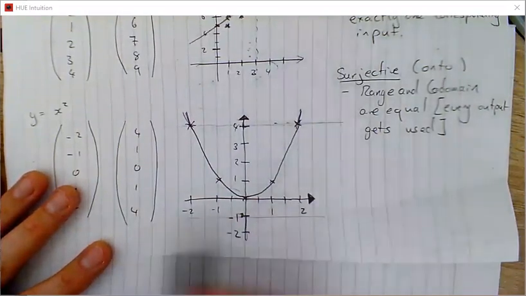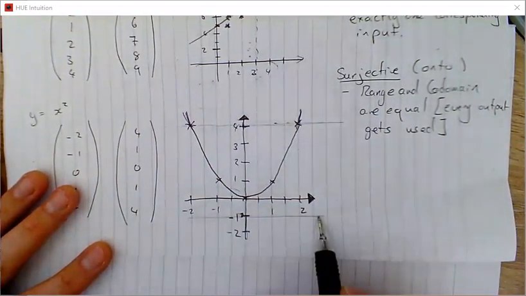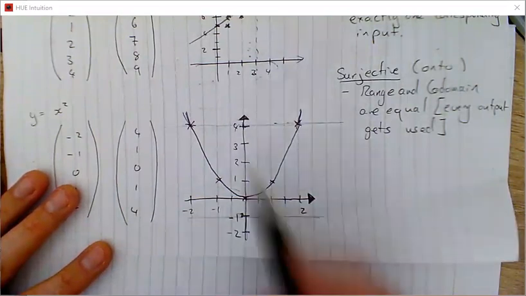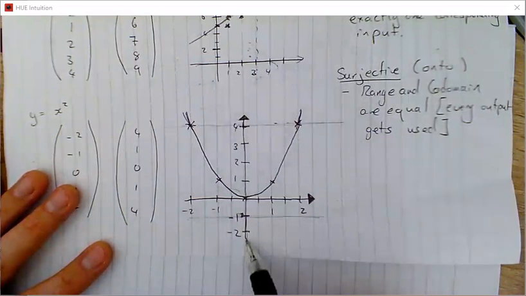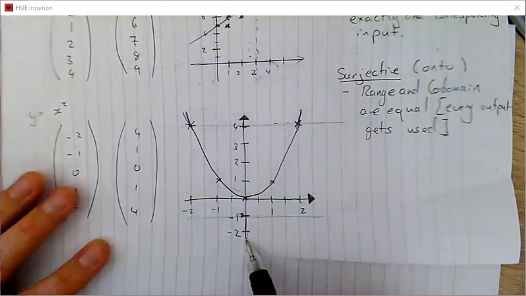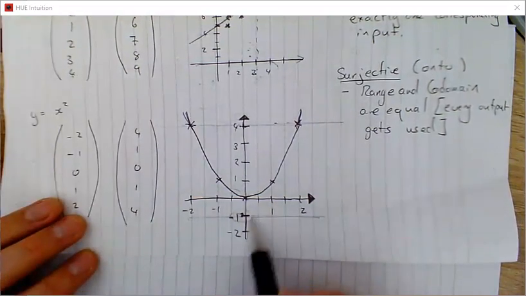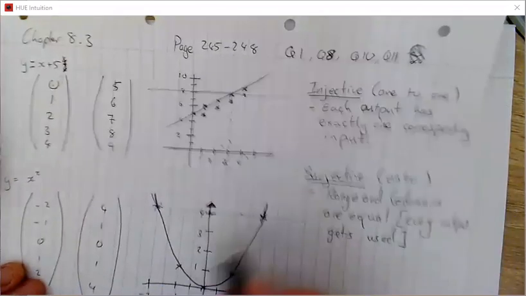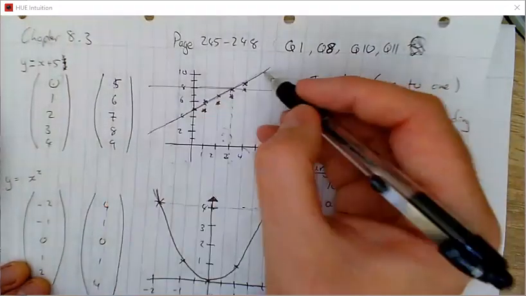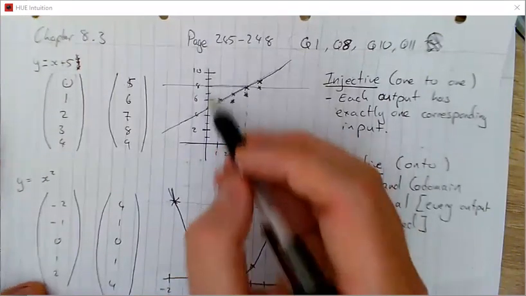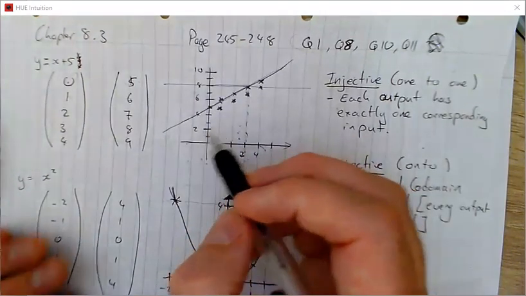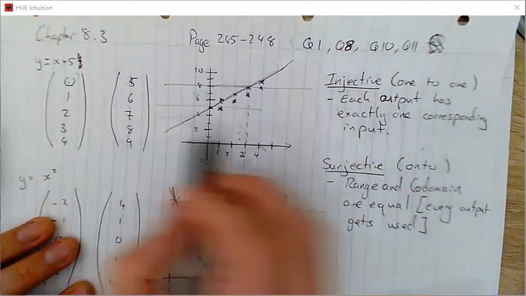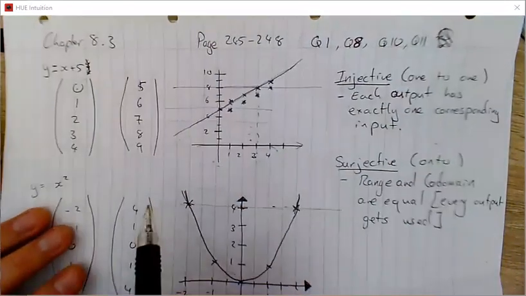Another way of saying that is the horizontal line should cross exactly once. That is to say, everything on the codomain should also be an element of the range. That is not the case here because, for example, -1, while being in the codomain, is not in the range. Up here, assuming this goes on forever, every value on the y-axis does get used, and any horizontal line I might draw would cross exactly once.